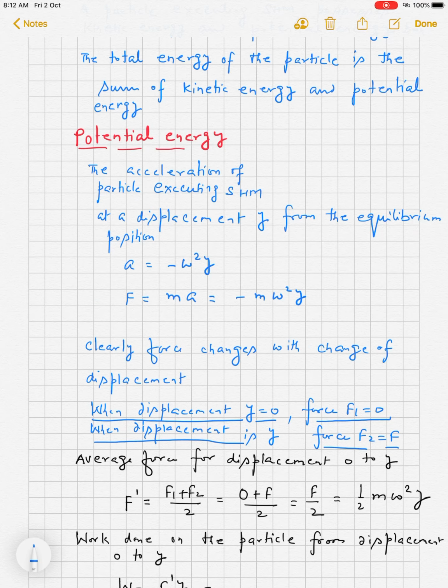F1 is 0, so it is F by 2. The value of F is given above, minus m omega square y, so taking its numerical value, F dash is half m omega square y.